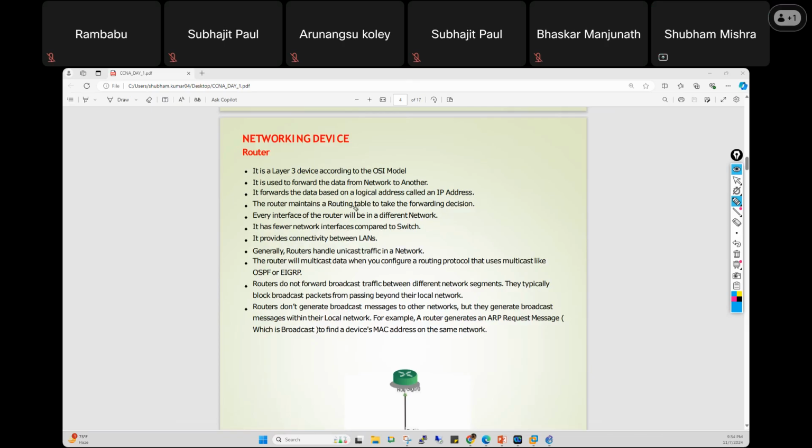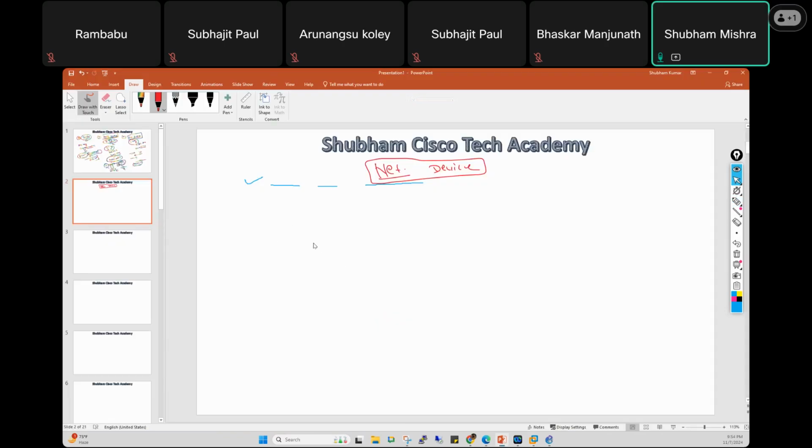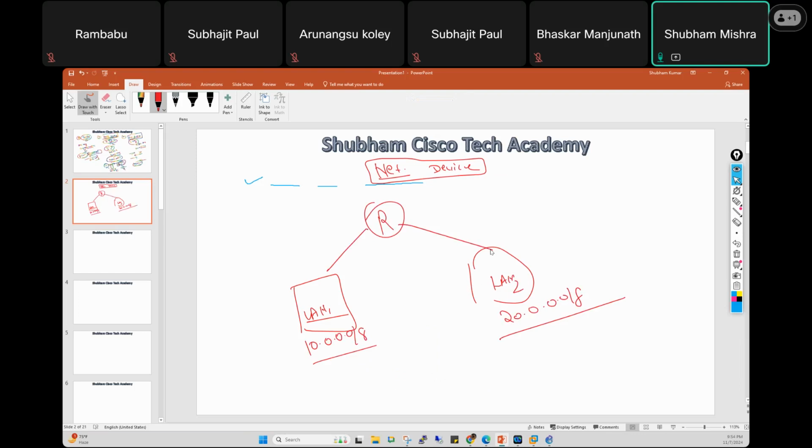Now, point number 2 is that it is used to forward data from one network to another network. In our previous class, I already told you these things. For example, if you have LAN network 1 and LAN network 2, and here I am using the 10.0.0.0/8 network and here the 20 network, then both LANs can communicate with each other only by the help of a router.